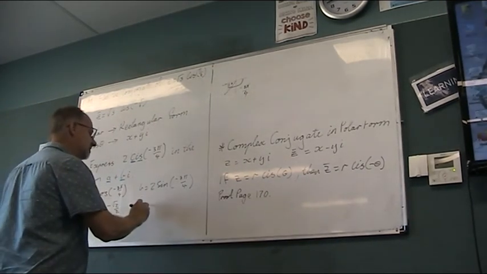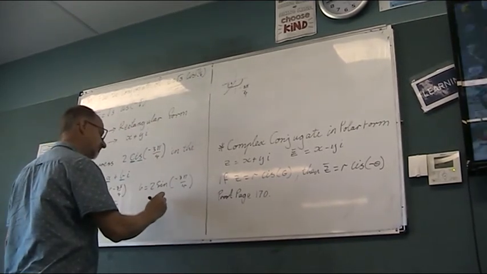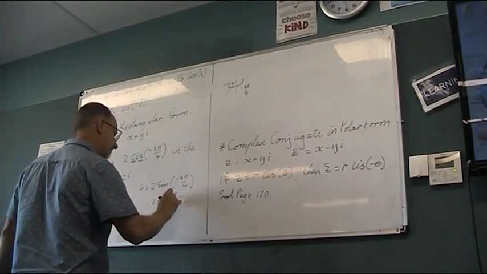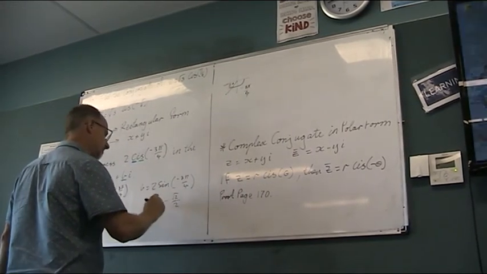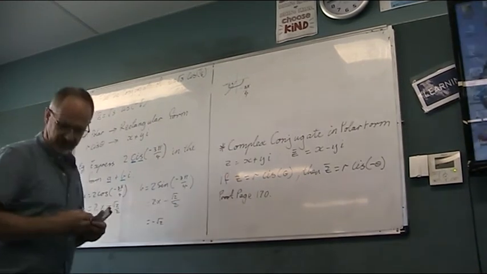For the b, sine is also negative. And because it's pi on 4 of the reference angle, it's also root 2 on 2. 2's cancel, leaving negative root 2.